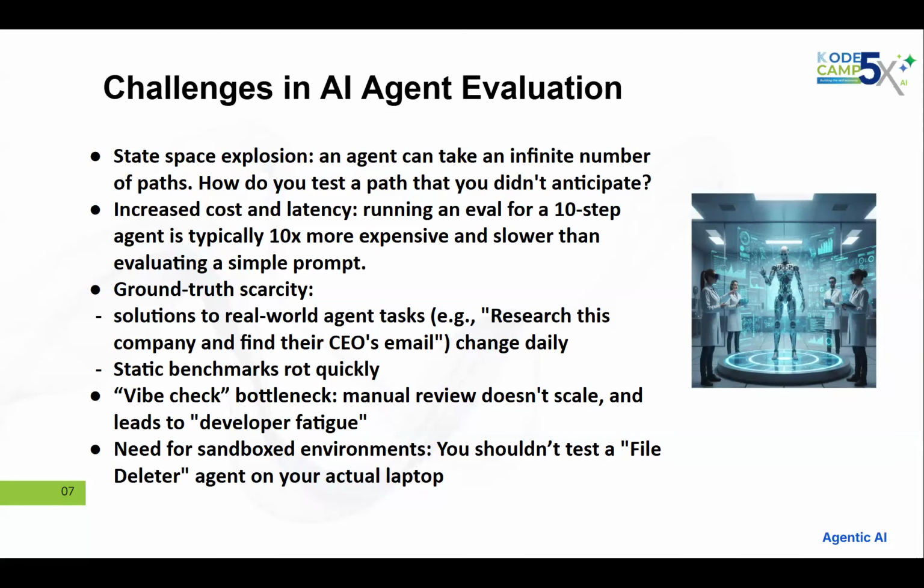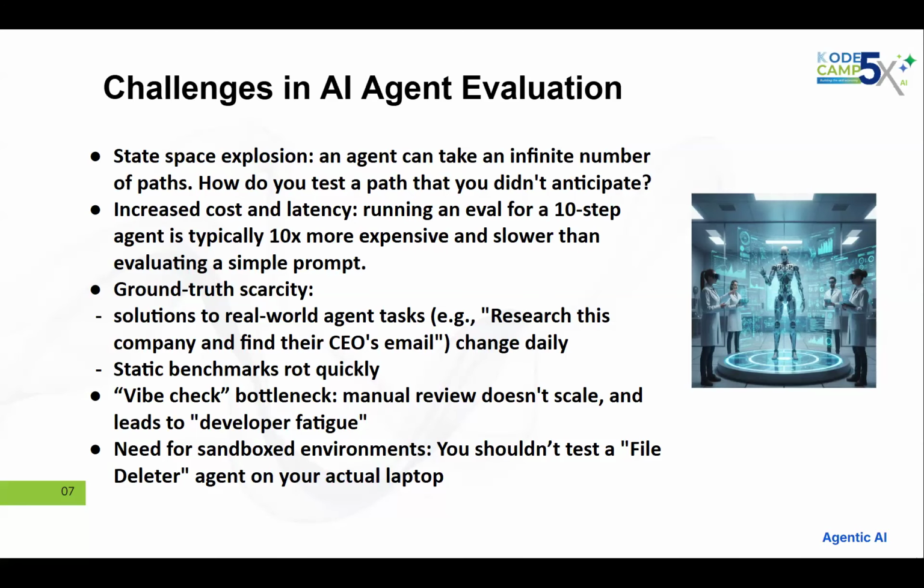Let's say company A, and your golden data set has a prompt that asks for the email of the company CEO, right? That particular data point in your golden data set may be valid today, but the CEO of that company may change by next month, and so that no longer becomes valid.